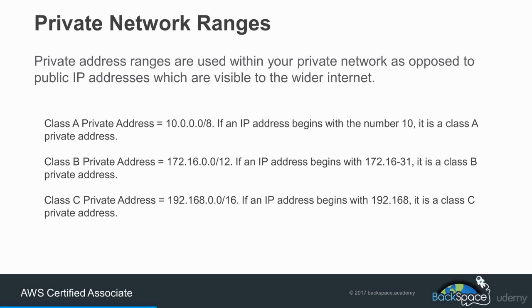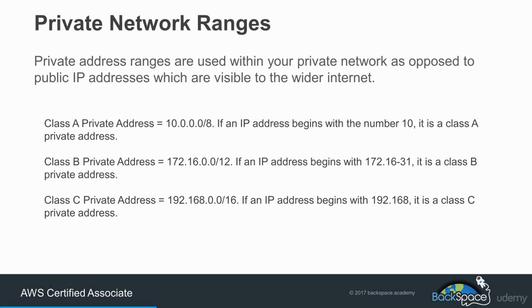So we also have within the IP range, private network ranges. Those are used within your private network, so they're not used for public IP addressing. If you type one into your browser, it's probably not going to take you anywhere unless it's somewhere on your local network, and they're not visible to the wider internet.